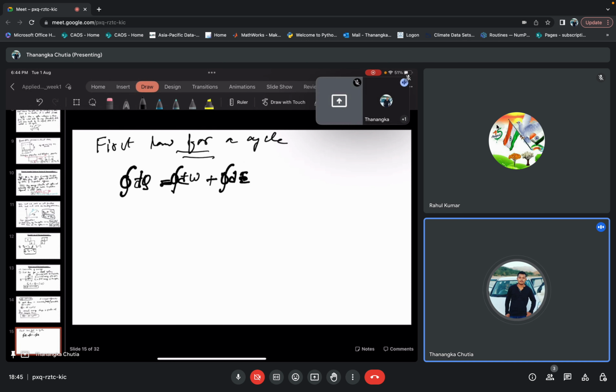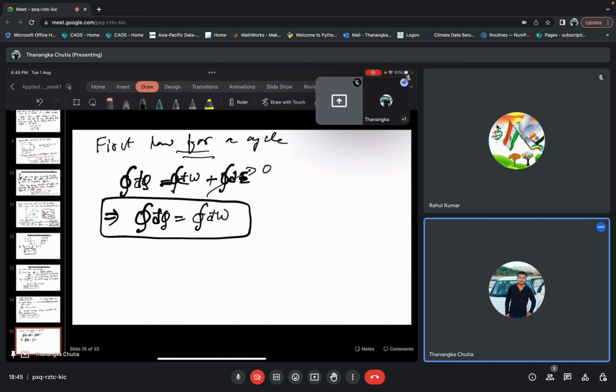Now if we do the cyclic integral, this energy will become internal energy, and internal energy is a conservative property, so this term will basically go to 0. So for a cycle, dq is basically equal to dw. Whatever net heat change there is, it basically goes into net work done. So this is for a cycle.